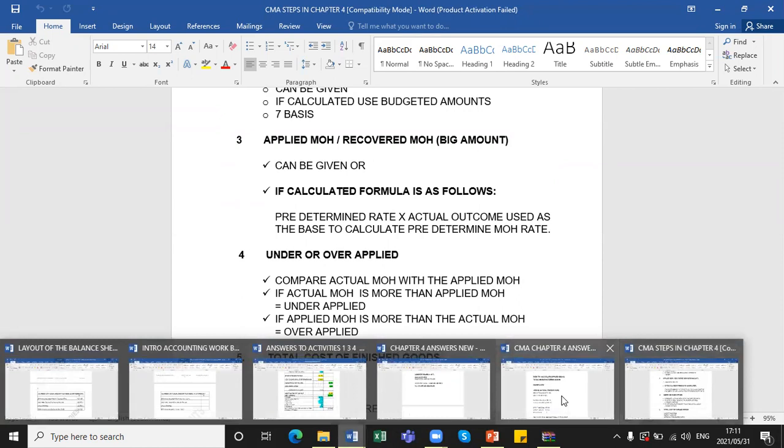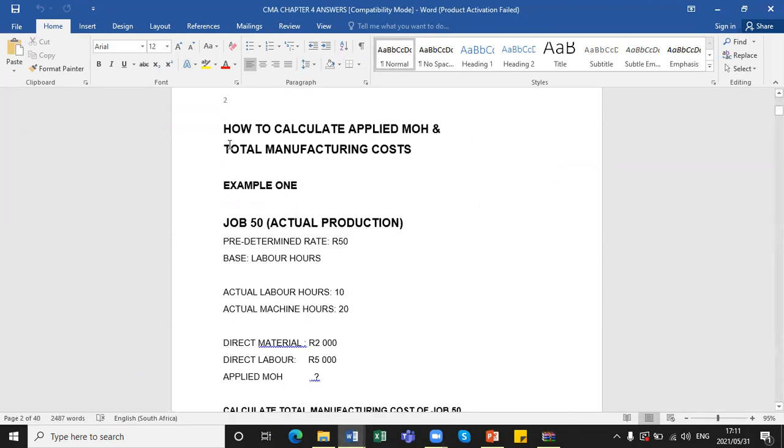Now, sometimes, as you will see in the activities, they will tell you to calculate total manufacturing cost without telling you to calculate applied overheads. Now, you know, when you want to calculate cost of production, you must have 3 cost components. Now, let's look at example 1. Job 50.